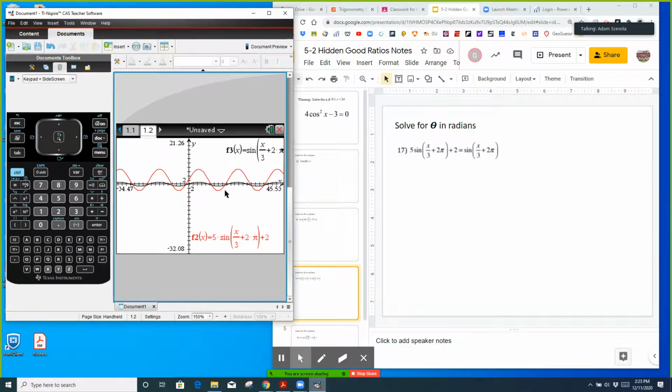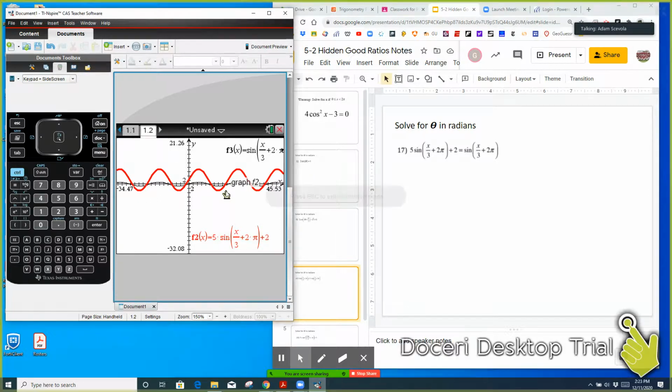If I were to draw on the screen for a second, we see an intersection. Let's cut this off at 1 period, like the distance between the minimums would be 1 period. Every period you can see there are 2 intersections of both sides of the graph.